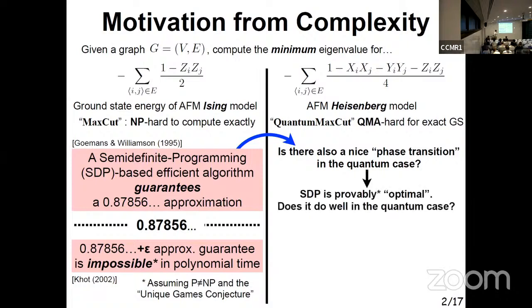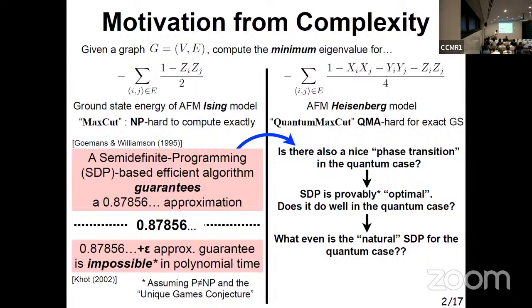But before even asking this question, we can ask an even more down-to-earth one. What even is the quantum counterpart of the classically optimal SDP algorithm? Because once you get to the quantum case, you have this degree of freedom of different bases and so on, so it's not empirically clear a priori what is the natural semi-definite programming for the quantum case.